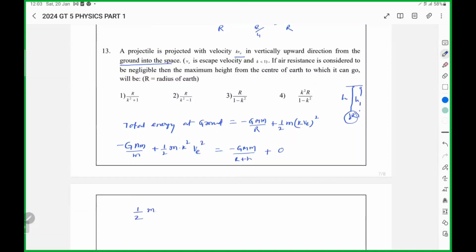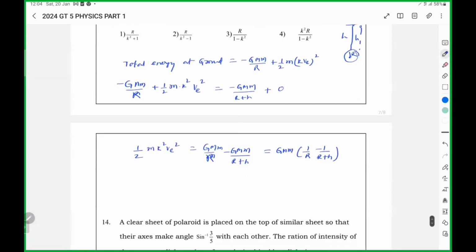So half m k square v square equals G M m by R plus h. So G M m, 1 by R minus 1 by R plus h, which is R plus h minus R, h by R into R plus h.